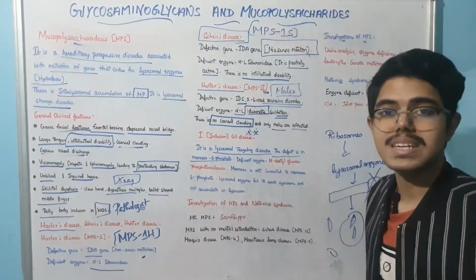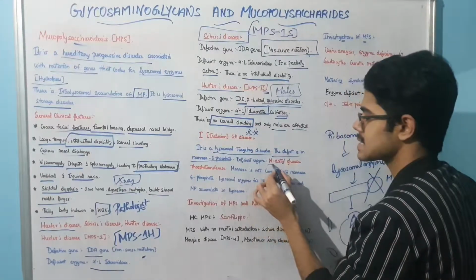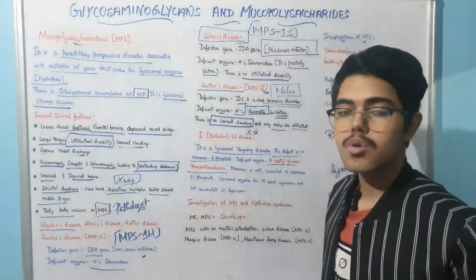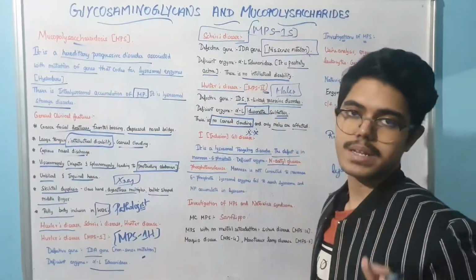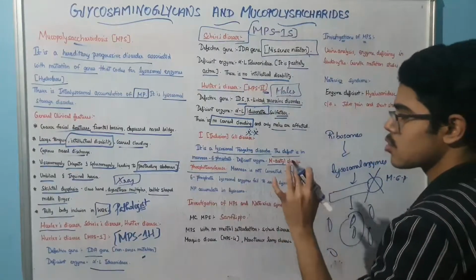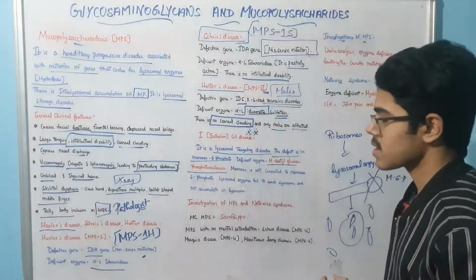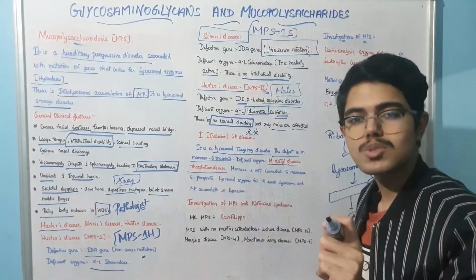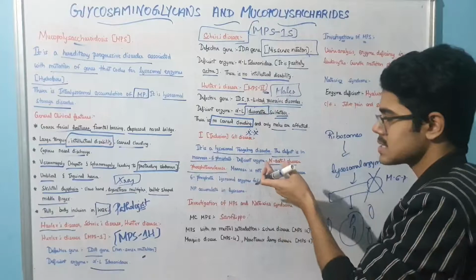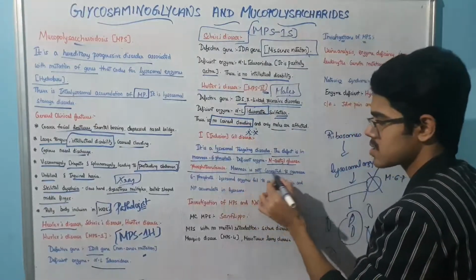What is the deficient enzyme? Very simple: N-acetylglucosamine phosphotransferase. This enzyme is very important to convert mannose to mannose 6 phosphate.